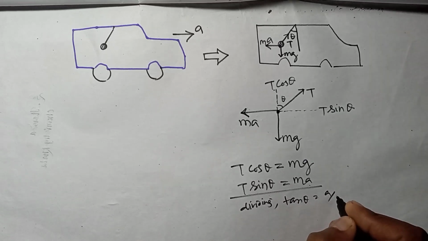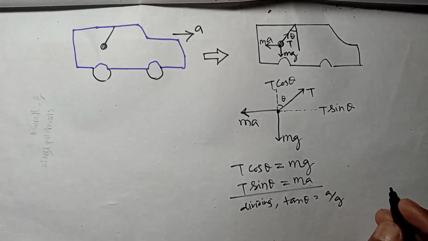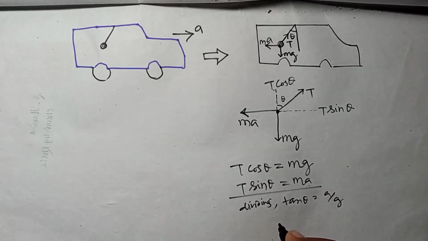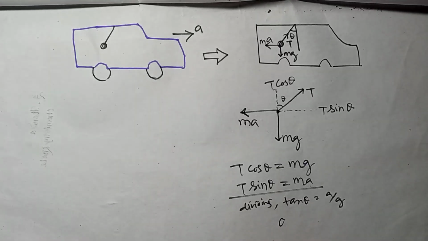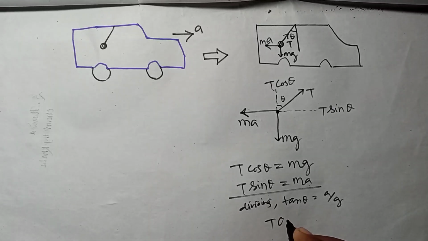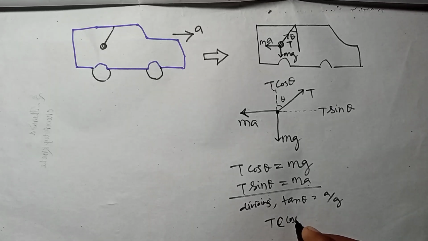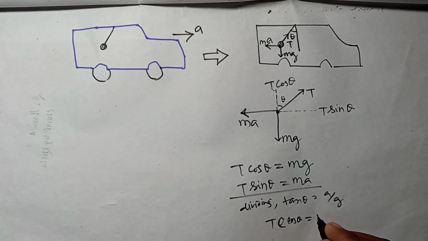On dividing we get tan theta equal to a upon g. Now T cos theta is equal to mg.